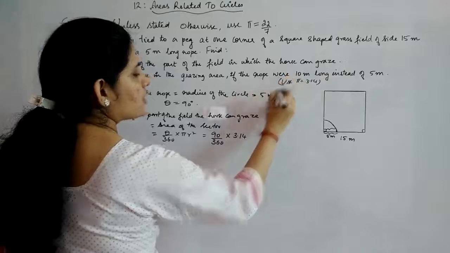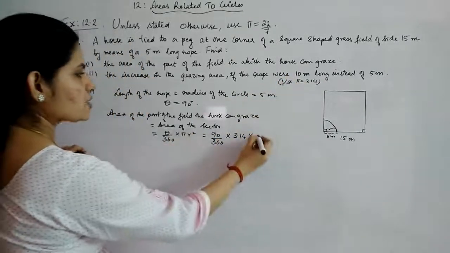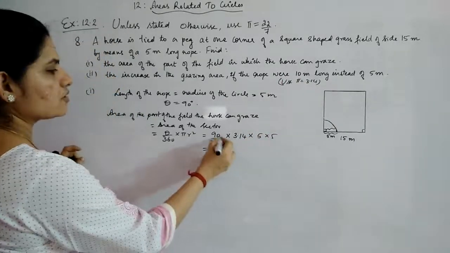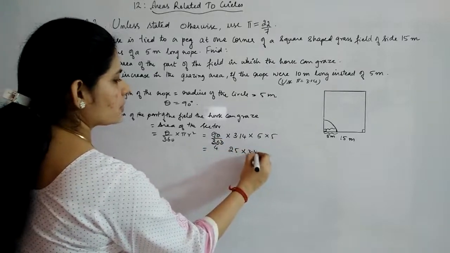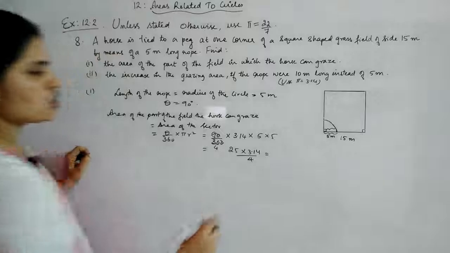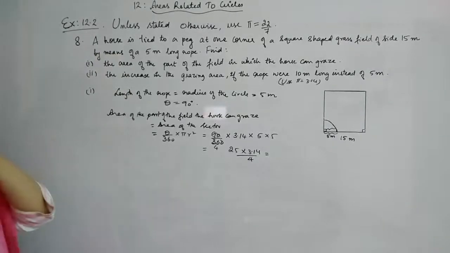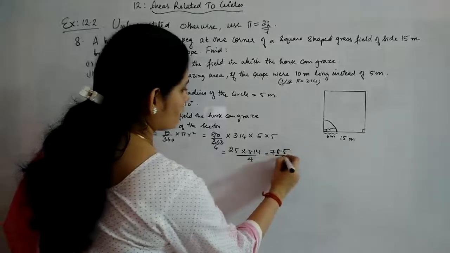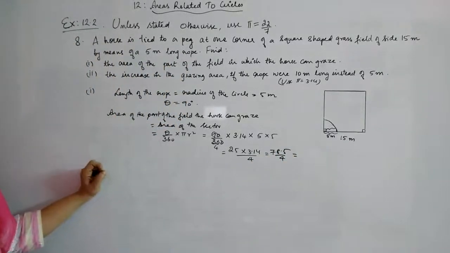Unless it is not given, you can use 22 by 7 also. Now r square means 5 into 5, 25. So you will get 25 into 3.14 divided by 4. 25 into 3.14 will give you 78.5. So 78.5 by 4 will give you the answer as 19.625.